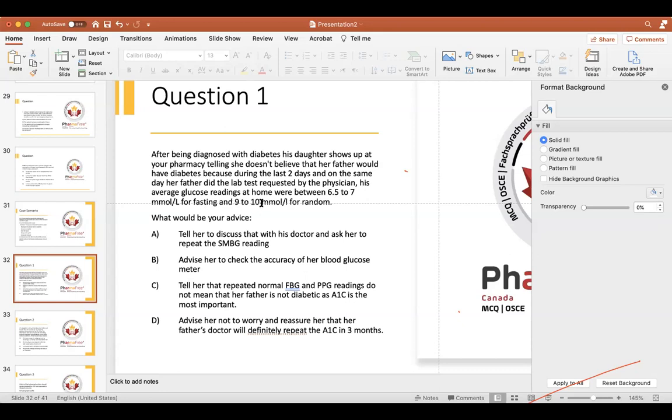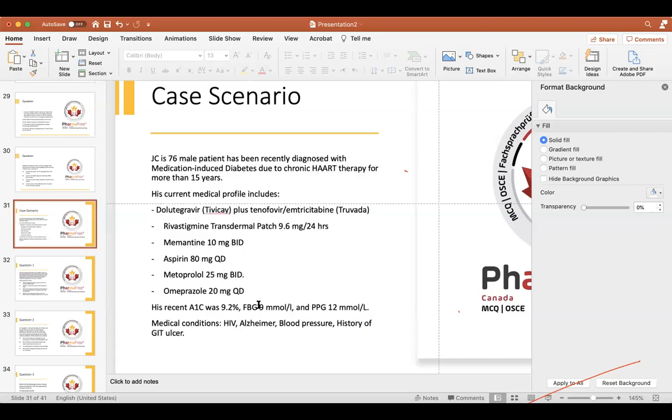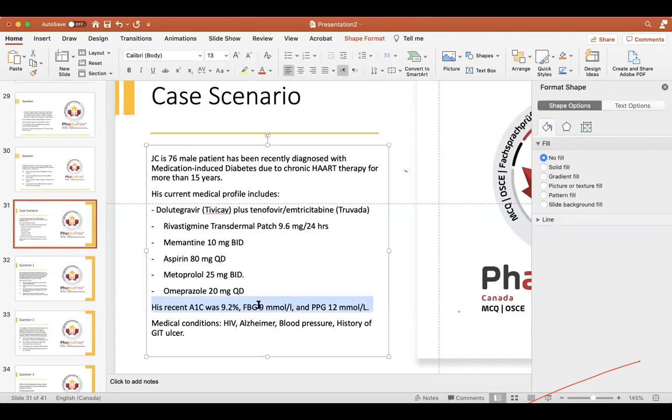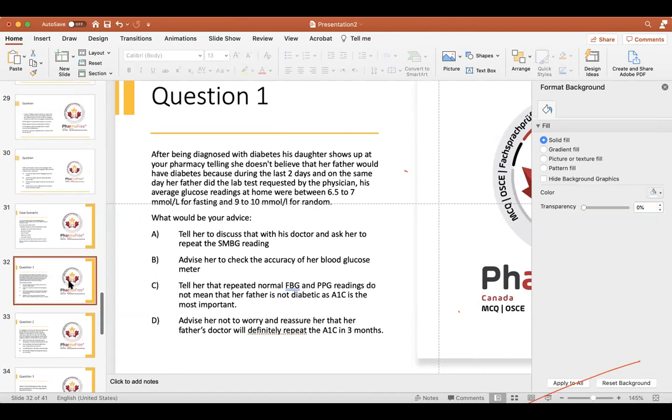So the readings at home are totally different from the ones performed in the lab. You got the difference? What would be your advice here?